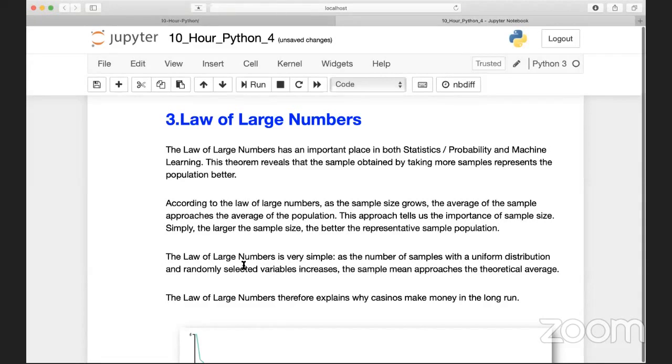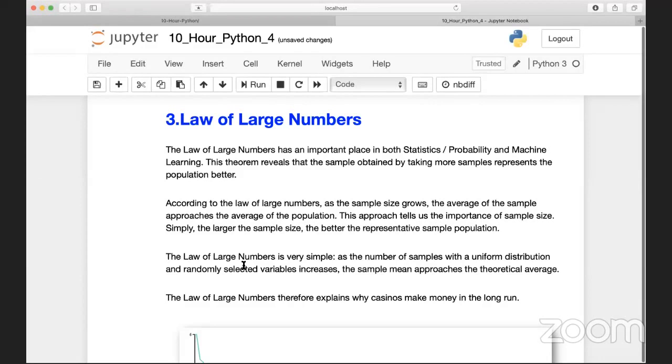If our sample is biased, even if you build a very strong, very powerful model with good tuning, it doesn't work because your sample doesn't represent your population. If you have a sample size of, say, 20, you cannot run a model with this, because a sample size of 20 doesn't represent your population.